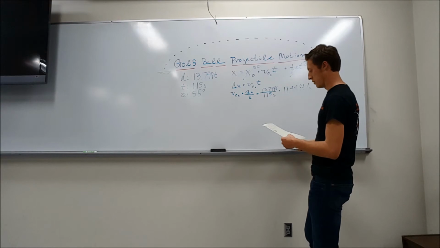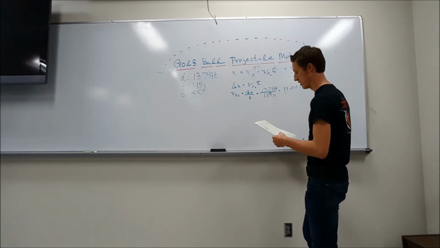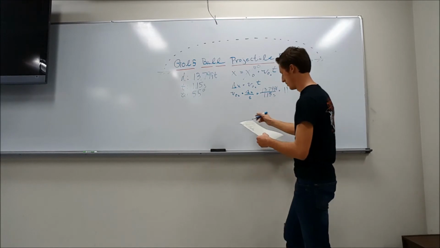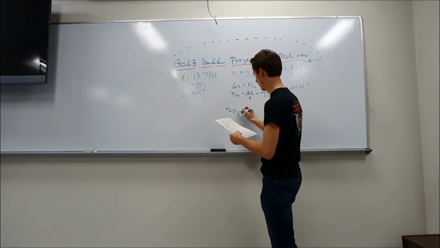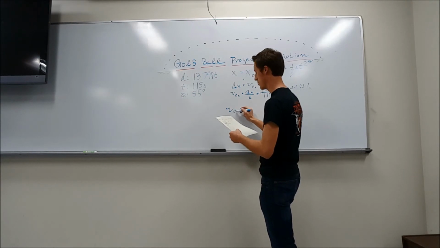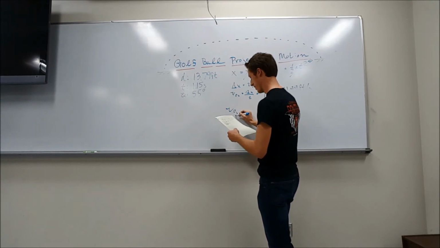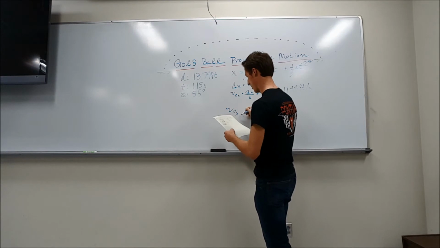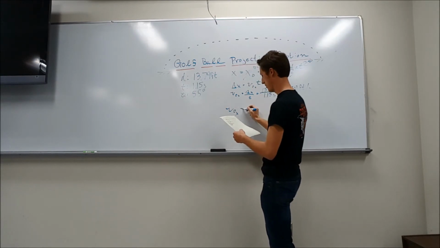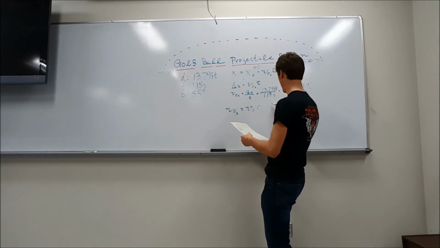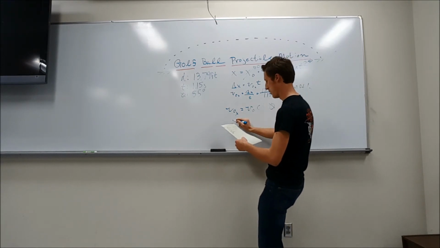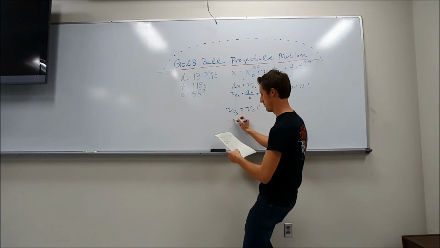At this point, we can now find the initial velocity using the launch angle. So we'll have a different constant acceleration equation, and we will have v naught x is equal to v naught times the cosine of our launch angle theta. So we'll rearrange that.